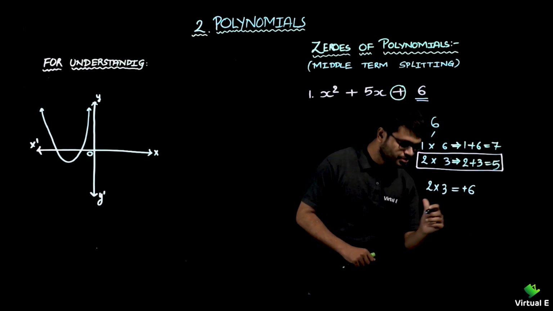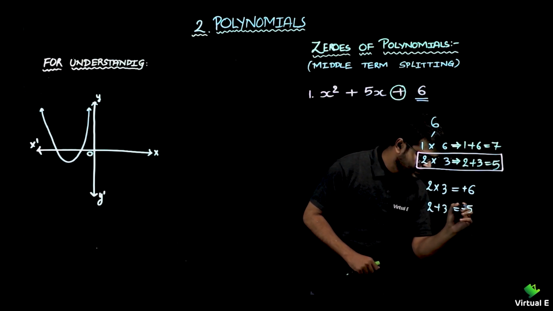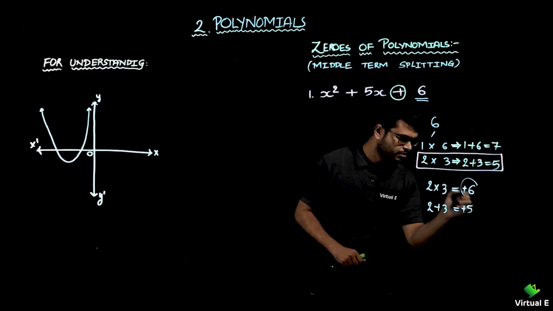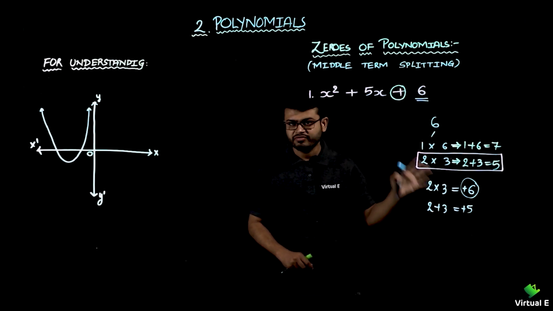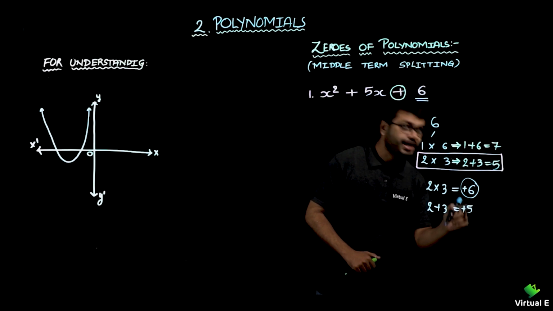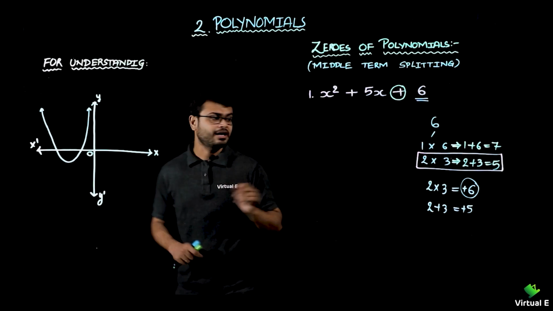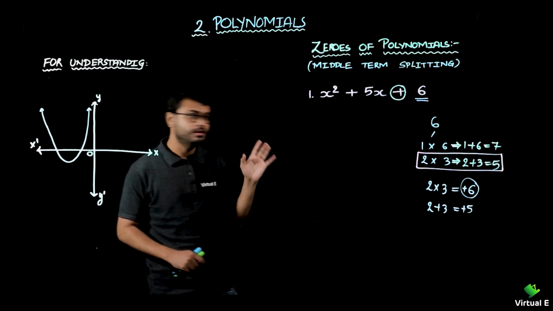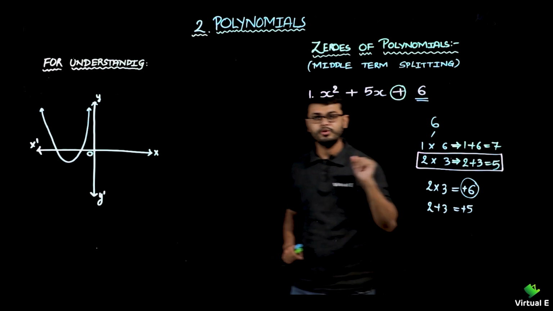And for the addition, 2 plus 3 is equal to 5, that is also positive. So the sign of 6 is positive, yes, it is valid for these two factors. The sign of 5, that is plus, is also valid. So my factors are 2 and 3. First of all, understand how to identify the factors. I hope you are clear here.